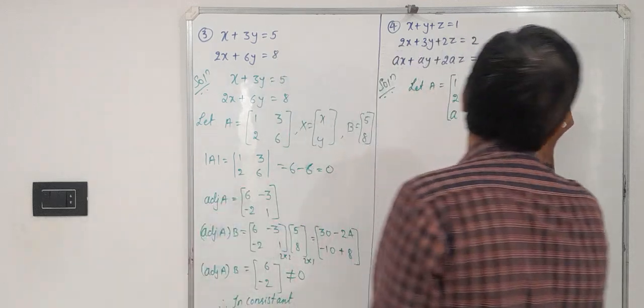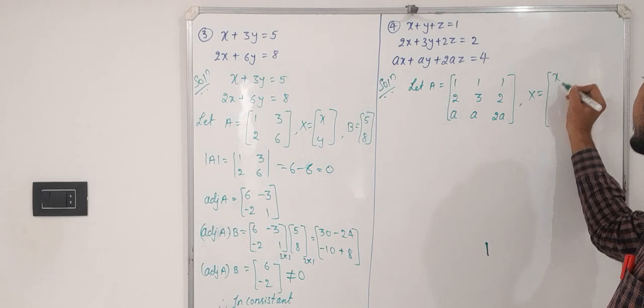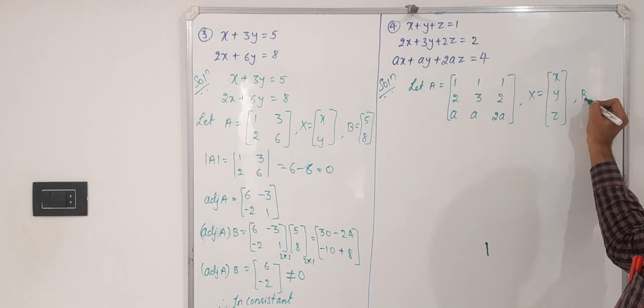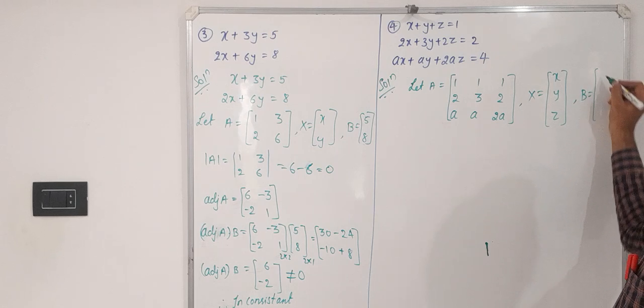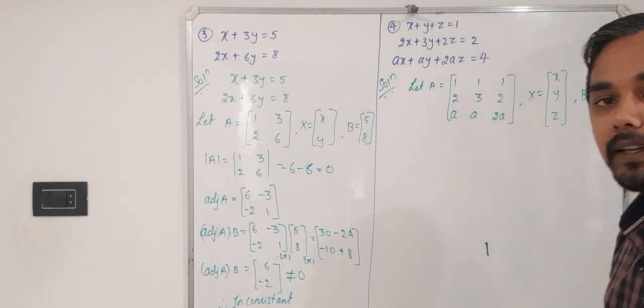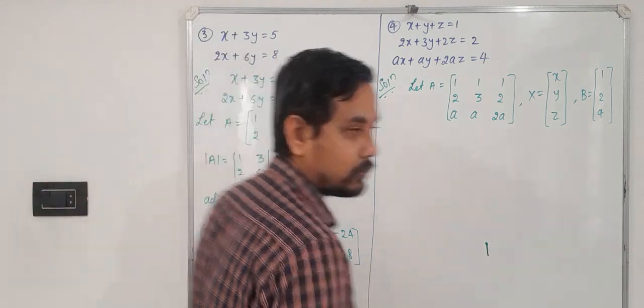Okay. And what is x? X is a 3 cross 1 matrix here. It will be x, y, z. And what is b? 1, 2, 4. It is a constant matrix. Right? 1, 2 and 4. Fine.